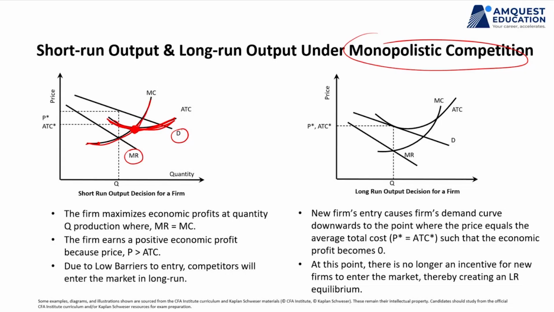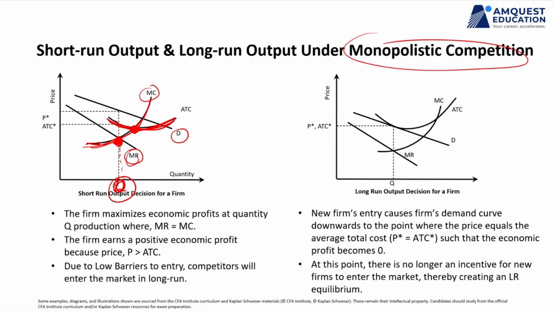And as per what I discussed with you, profit maximization happens at the point where MC equals MR. MC meets MR at this point, and this is the quantity I should produce.